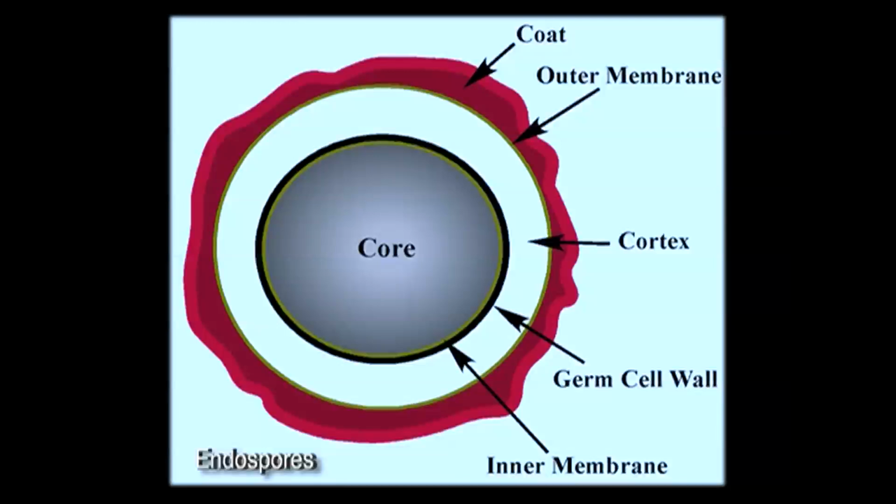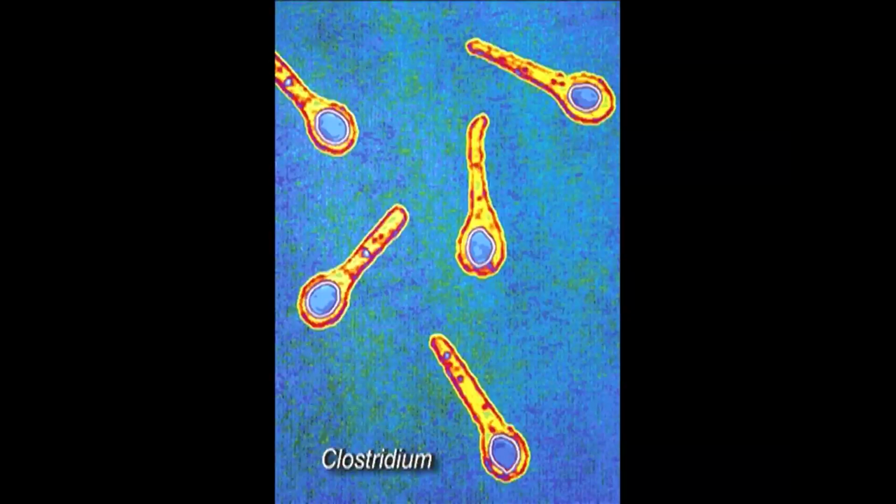Now, let us move to those kinds of differential staining which are used for visualization of bacterial cell parts. First, we will talk a bit about endospores, and then we will see how differential staining can be used for visualization of endospores. Endospores are formed by certain anaerobic genera like Clostridium or aerobic genus like Bacillus.